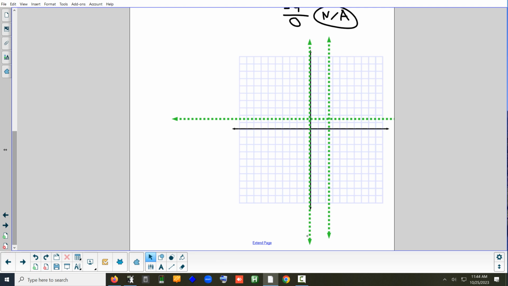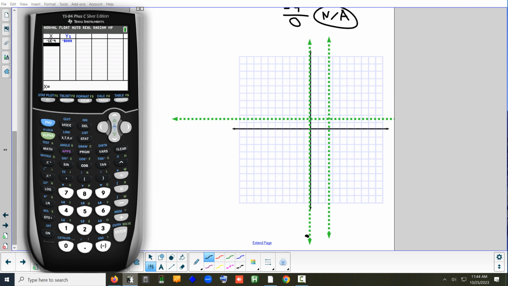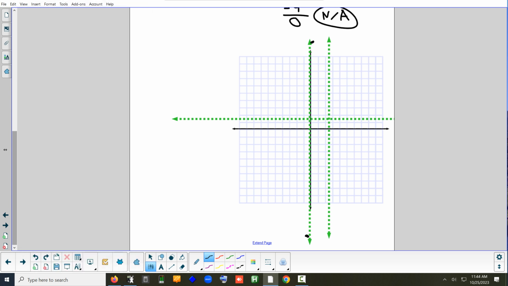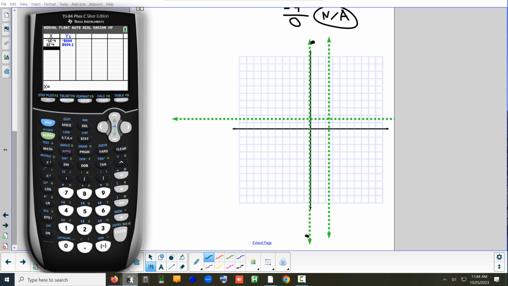Okay, if you did the last problem, you kind of already know what this one's going to look like. So we got that. What's a value that's just to the right of 0? Yep. 0.001. All right, 0.001. When we type that in, we're up at positive 8,000. Now I need a value that's near 2.5, but a little smaller. Yep.